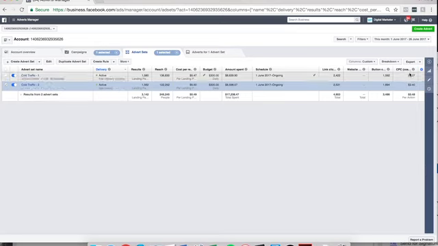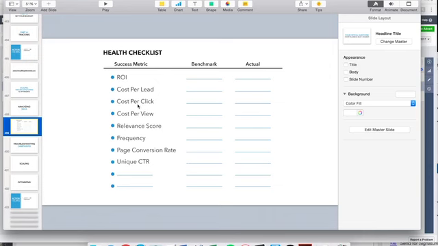So you can see our cost per click is really high if you were just looking at cost per click, but our page is converting so well that our cost per lead is still under $7. So that's why it's important to measure your success metric first, right? Cost per lead is really all that matters to me. Even though this cost per click is high, I'm still generating exactly the results that I was looking for.